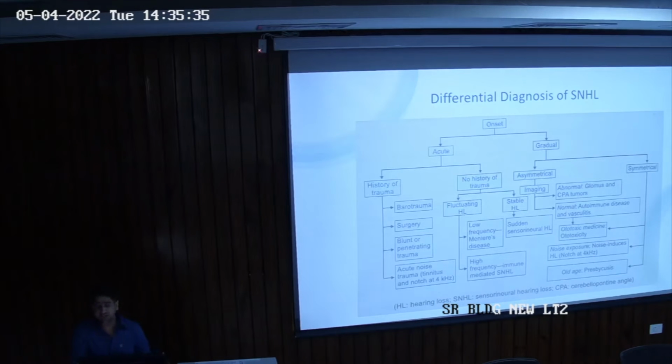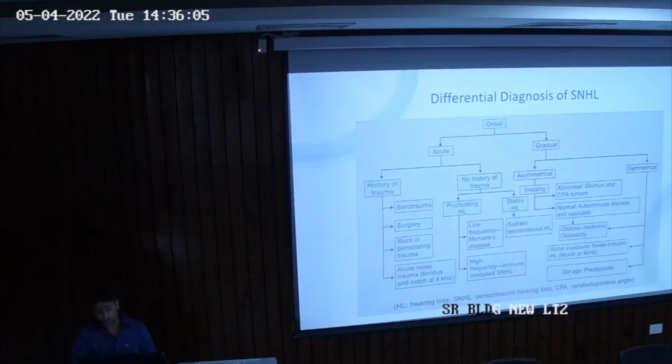And if we see the onset is acute for a sensory neural hearing loss, we will first ask the patient about any history of trauma. It can be barotrauma, it can be iatrogenic trauma, that is surgery induced trauma, it can be blunt or penetrating trauma, or it can be acute noise trauma.